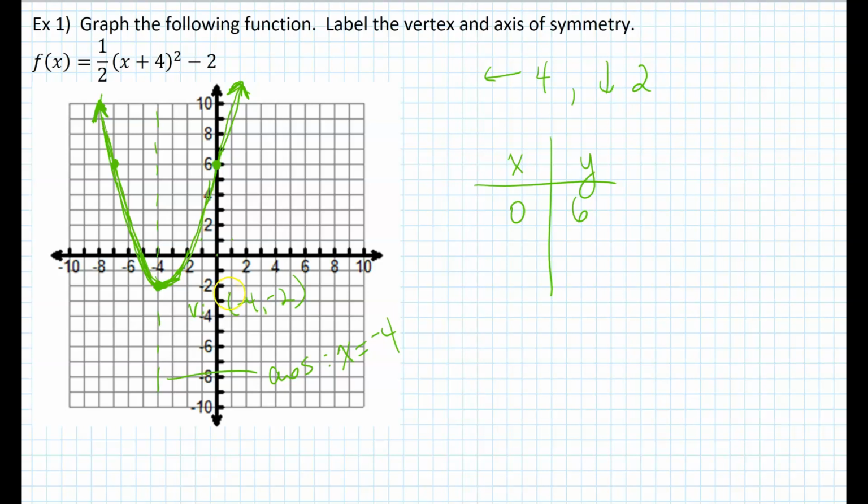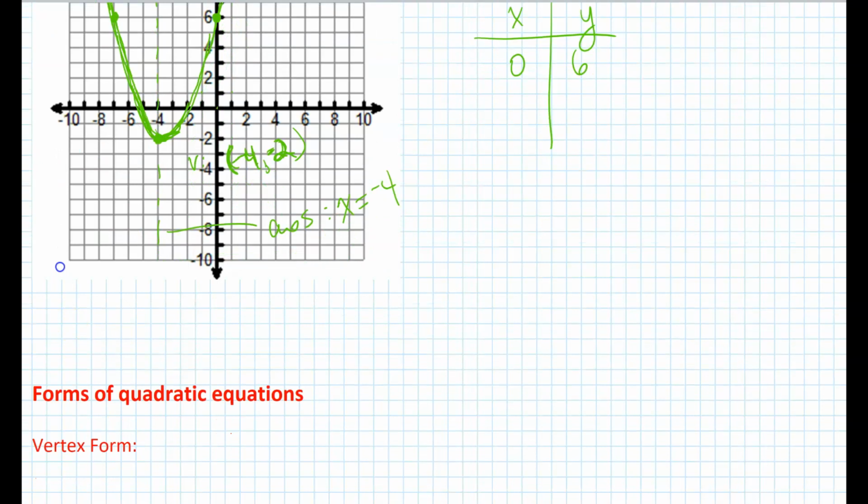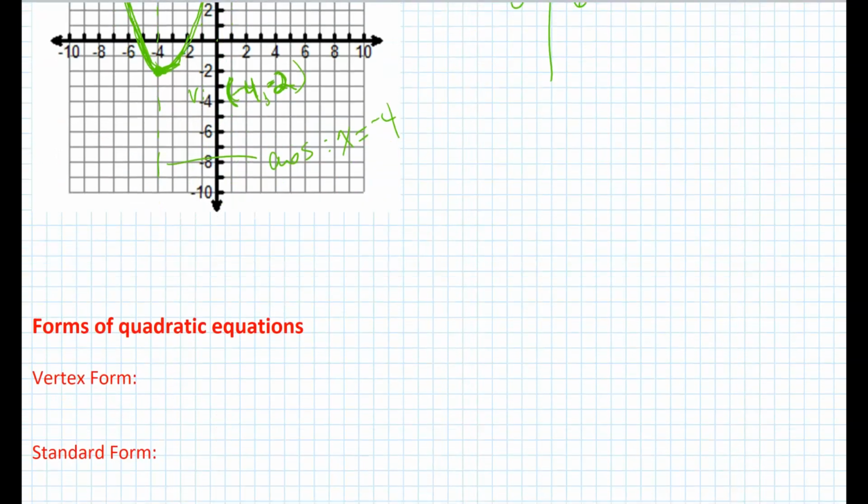So we pointed out that we have a vertex at -4, -2. And if you look into the form that's originally given, do we see those numbers anywhere? Yes, we do. That's because this particular form of a quadratic is called the vertex form.